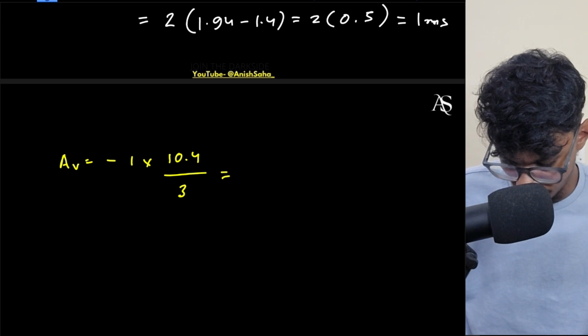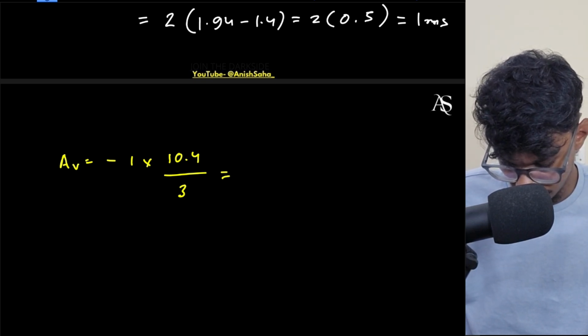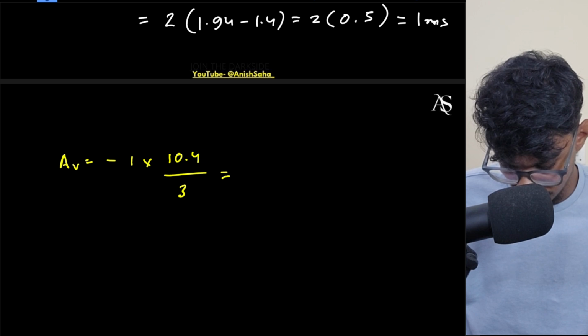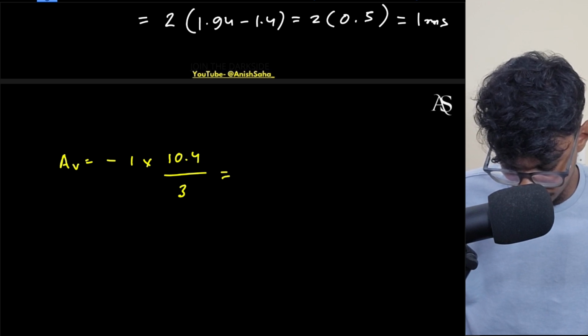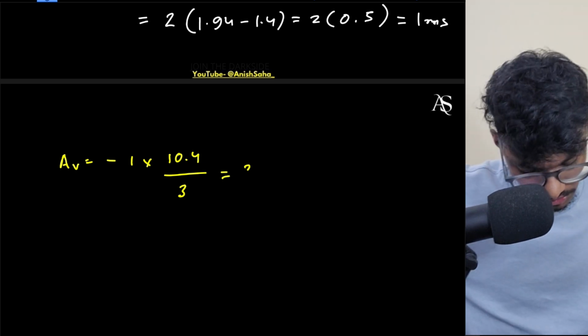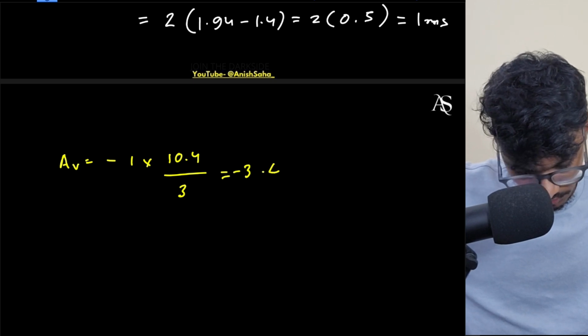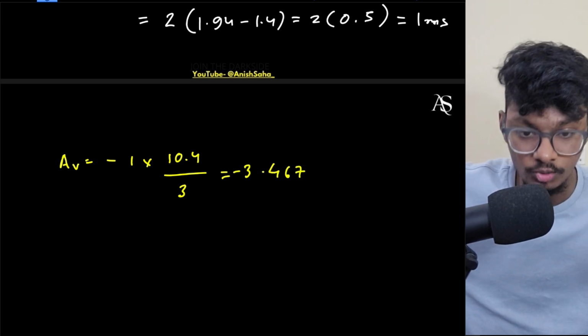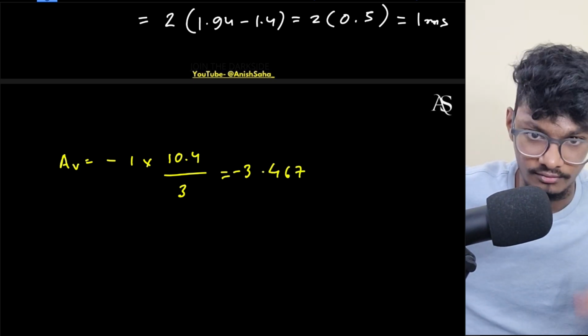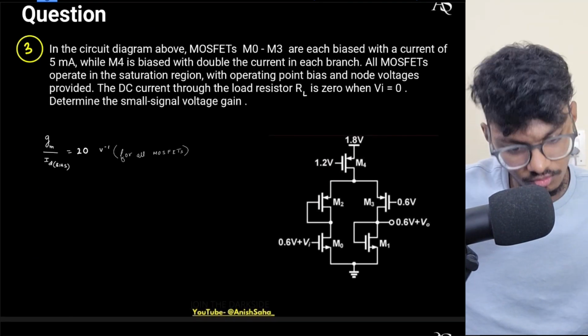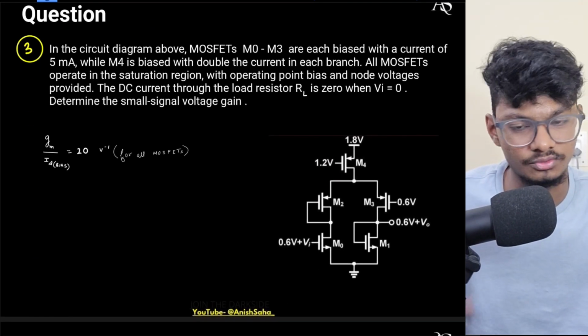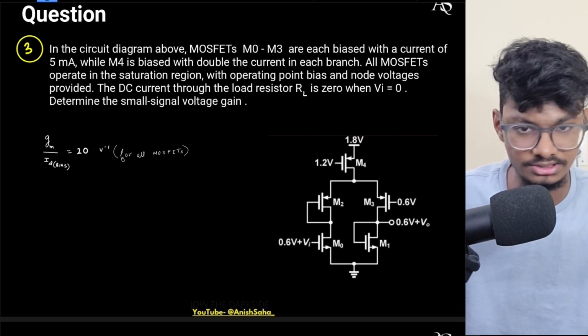So this will be 1 into 10.4 divided by 3, which is almost minus 3.467. Okay, so this will be the voltage gain V over Vi. This was just the difficult part of this question. Everything else is the same. Everything else is very easy.